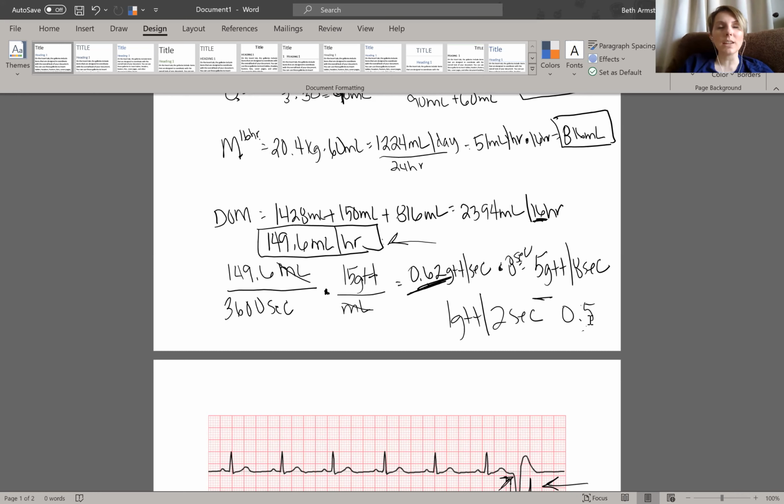That's why I try to keep it as close as possible. Granted, we changed it just a smidgen, but that's not going to change your ultimate fluid rate that much. It might change it by a mil or two, so that's not that big of a deal. I'm glad we cleared that up.